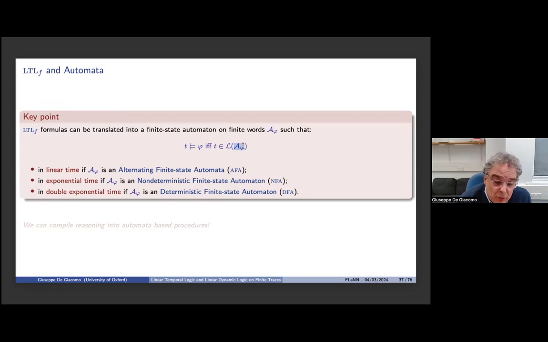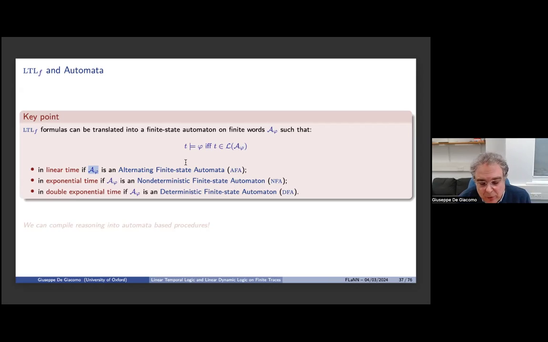And which regular automaton? It's very easy to write an alternating finite state automaton corresponding to the formula. You essentially use the semantics we're going to see in a moment. Actually, you can create this in linear time, both for LTLf and LDLf.